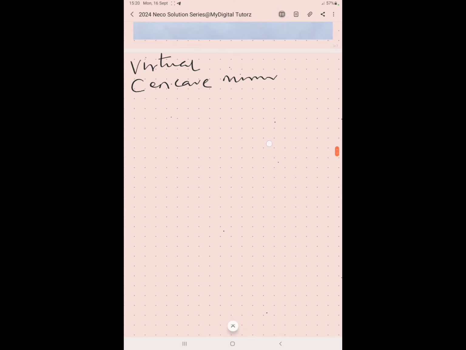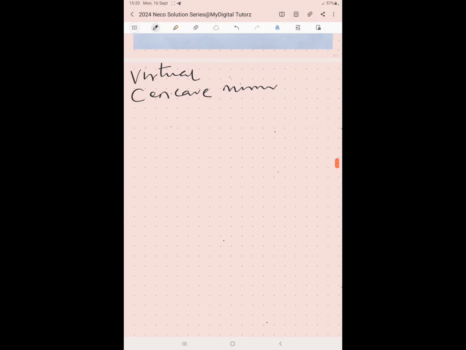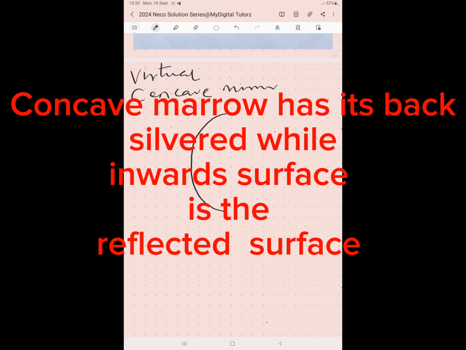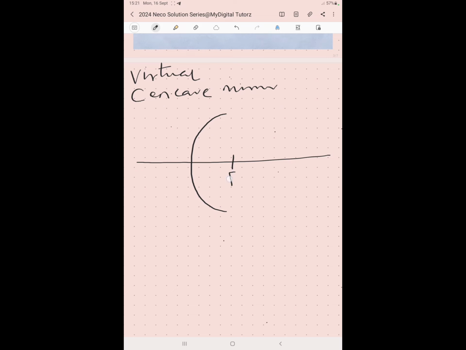So let's quickly do something. For a concave mirror, this is what we have. Now, this is the principal focus. This is the center of curvature.